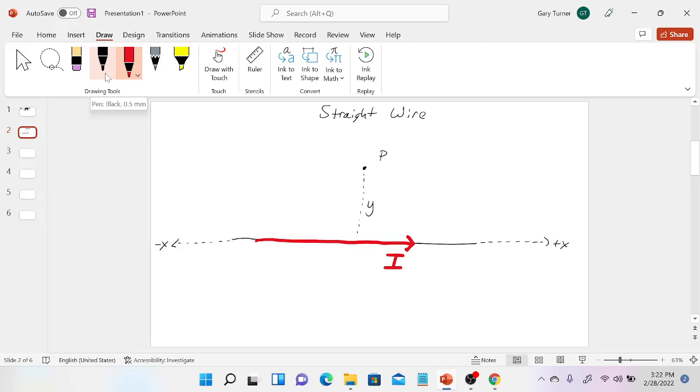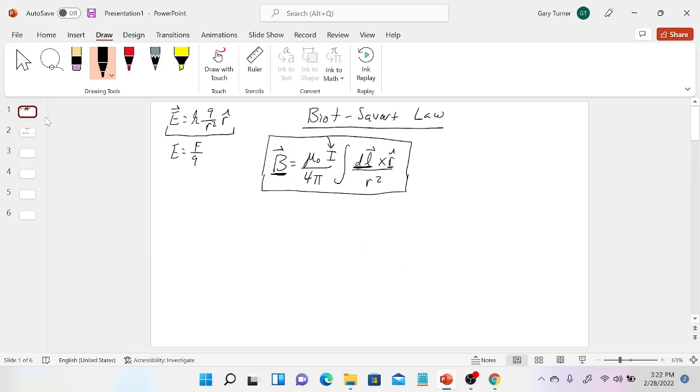So there's my I. And once again, dL will always be in the direction of I. Also, like the electric field, the integration that you're going to do here is over the source of the current.